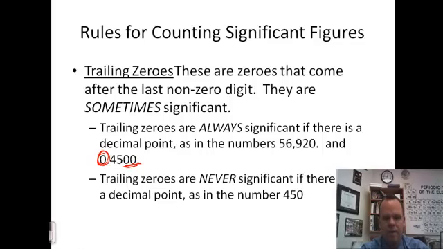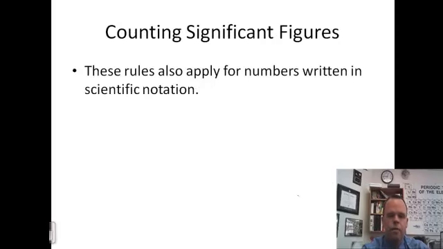Trailing zeros are never significant if there is not a decimal place. So in this case, 450, no decimal place here, so this zero is not significant. These rules apply just as well if a number is written in scientific notation. So if you see 1.1750 times 10 to the 12th, this zero would be significant because it comes after a decimal place.